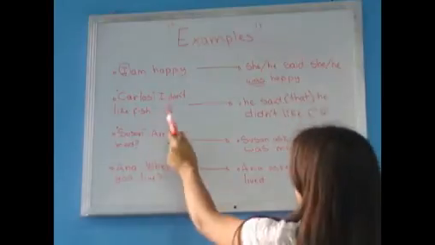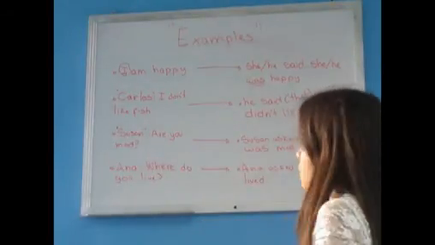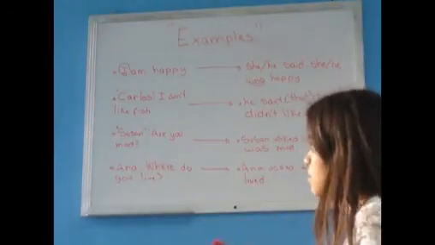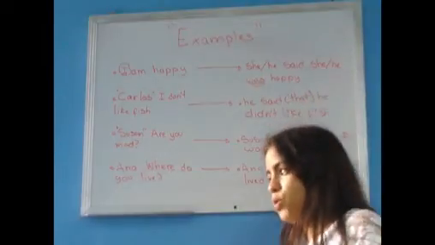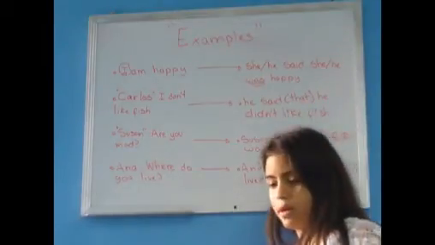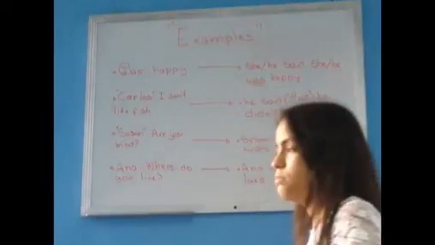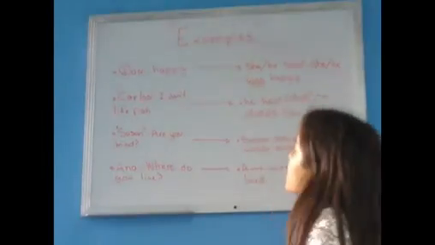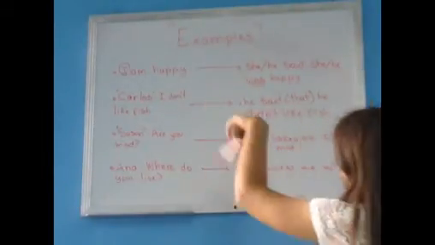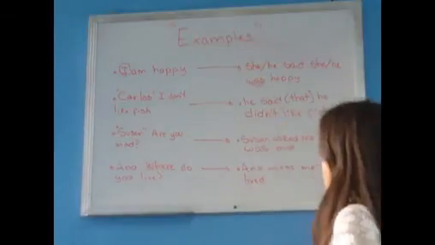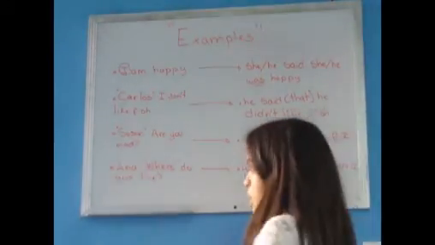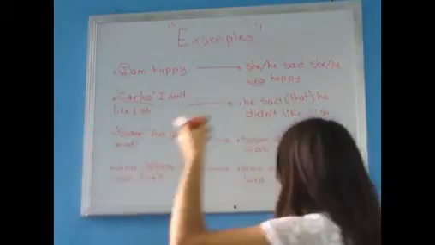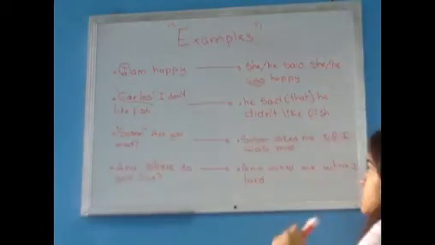The other example is Carlos said, "I don't like fish." Okay, this is another way to put it in reported speech. He said, because we're talking about he, Carlos is a man, so "that" is something optional.